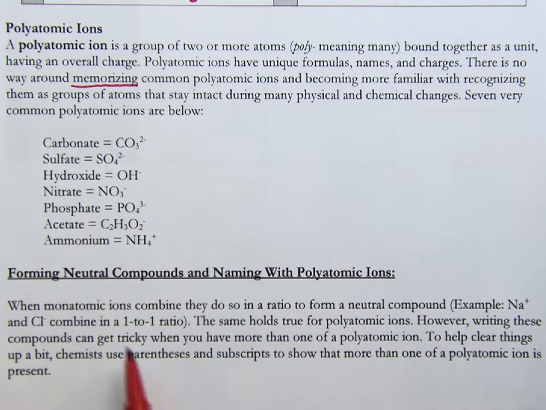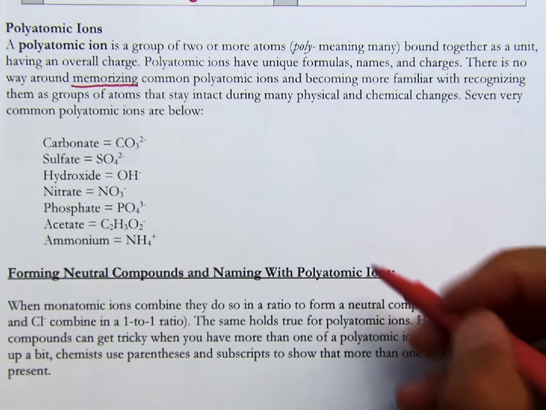So here it says forming neutral compounds and naming with polyatomic ions. Okay, when you have monatomic ions, like let's say sodium and chloride, it's just 1 to 1, right? Sodium is +1, chloride is -1. It's NaCl. The same applies for polyatomic ions. Okay. But if you have more than one of a polyatomic ion, it gets a little bit tricky, right?